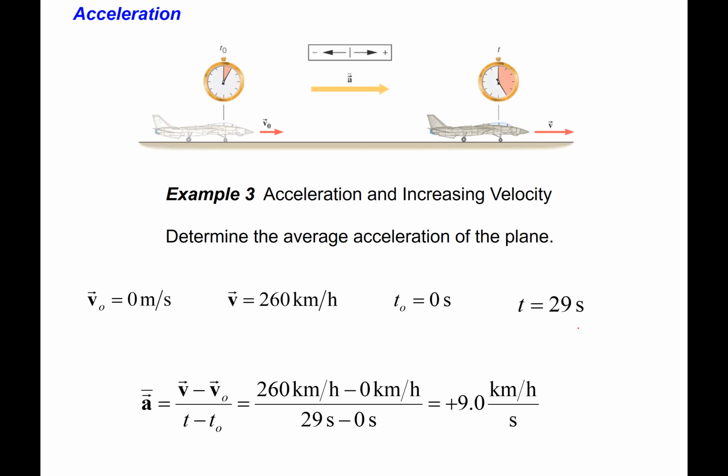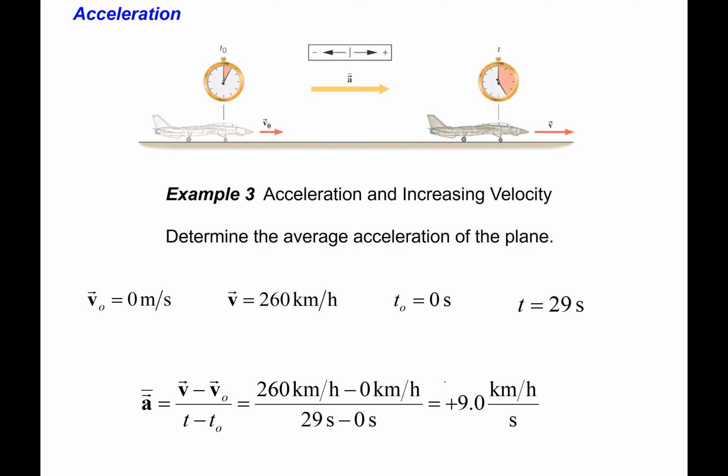So to compute the acceleration, in this case the average acceleration, that's why we have this bar on top of our vector arrow, we simply take the final velocity minus the initial velocity and divide by the elapsed time.